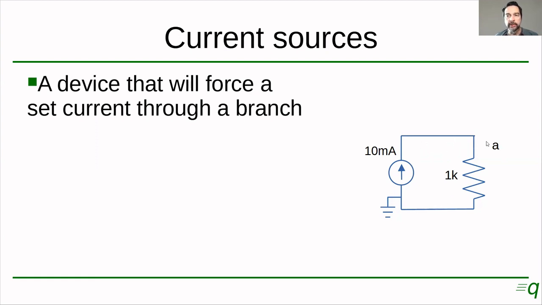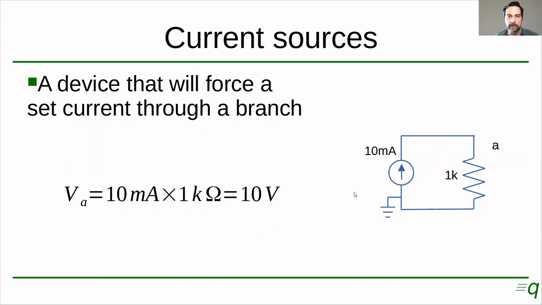So if we wanted to know what the voltage is at point A here, we would notice that the other end of the resistor is connected to ground, so that's our reference, 0 volts. And applying Ohm's law, 10 milliamps times 1 kilo ohm, that would put this terminal at 10 volts, right?